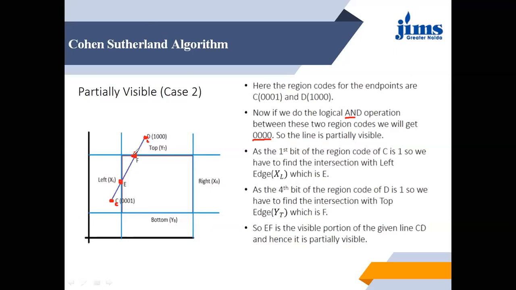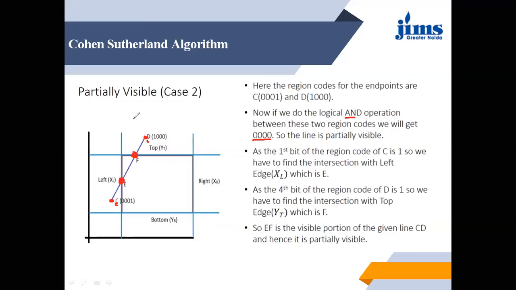The same process we have to perform two times, once for this intersection point and once for the second intersection point. But the value of m, that is the slope, will be the same over here.